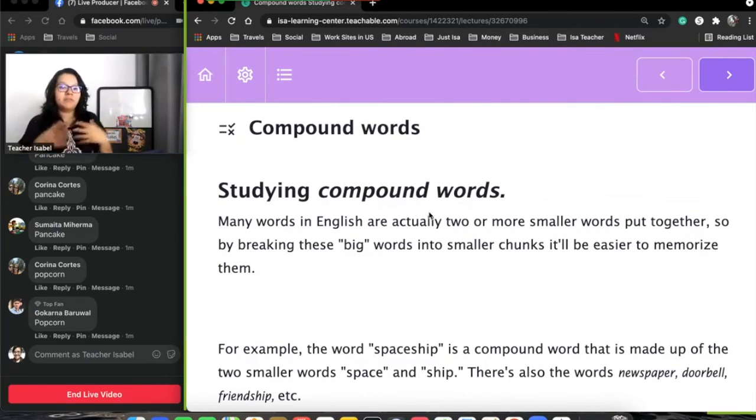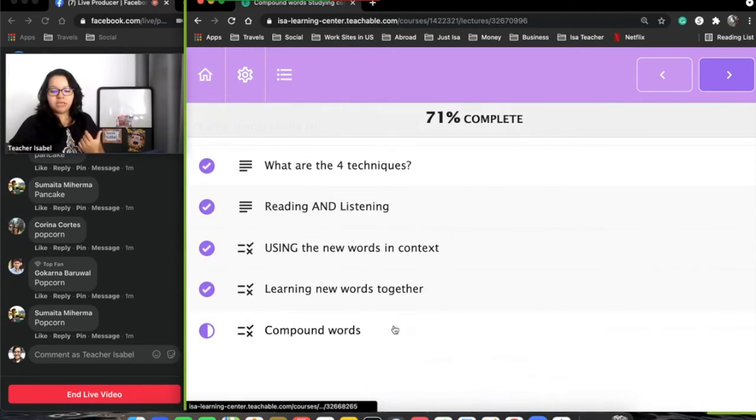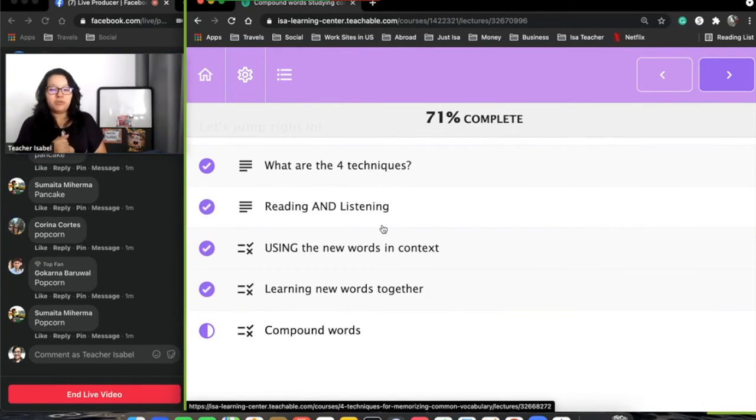This is the last of the 4 tips that I've got for you. So as you can see, reading and listening is my main suggestion for us to learn new vocabulary words. Use the new words in context, right? So in sentences, put images to them, say them as much as you can. And then learn new words together.